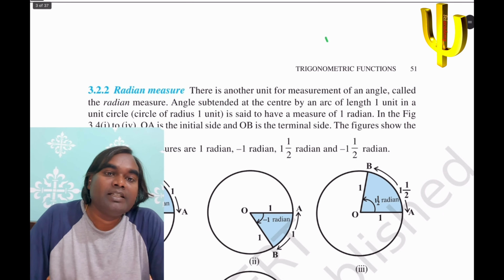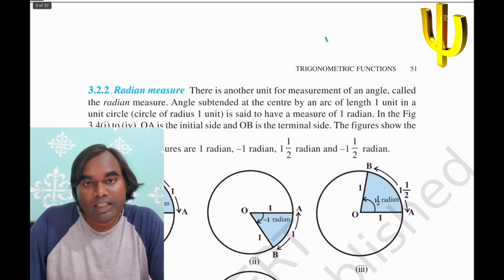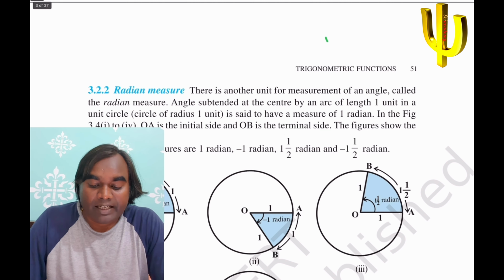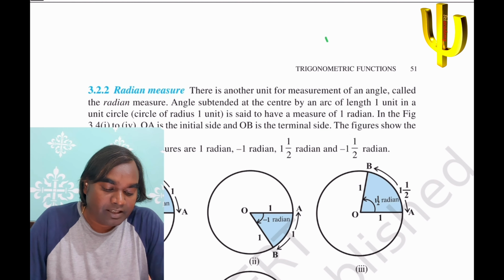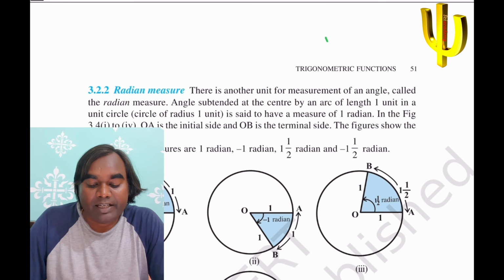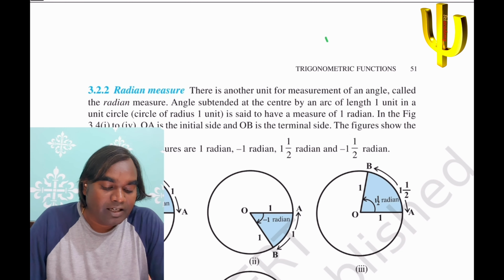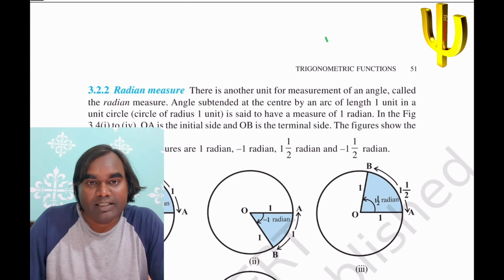So what is the radian measure? There is another unit of angle called the radian measure. The angle subtended at the center by an arc of length 1 unit in a unit circle of radius 1 unit is said to have a measure of 1 radian.